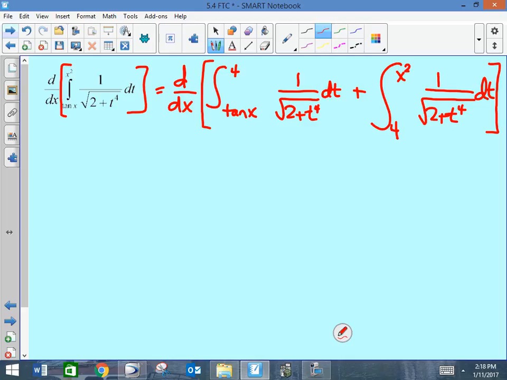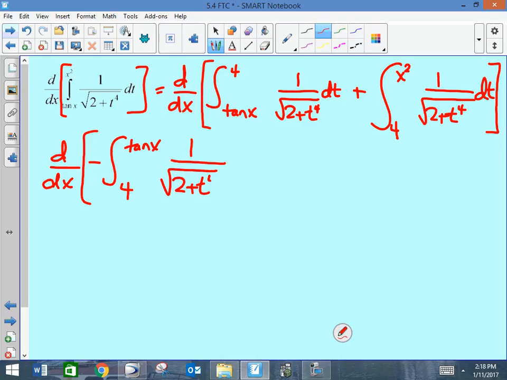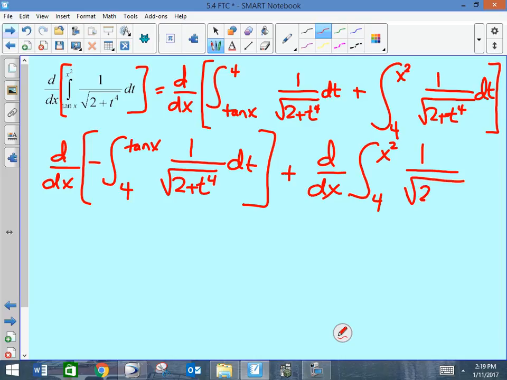So let's find the derivative of that first integral. We need to negate it, don't we? And then this would change to 4 to tangent of x. And then we're going to take the derivative of that. I'll just rewrite it. And this one's totally fine. The number needs to be at the bottom. Here we go. What does this equal, Abby?